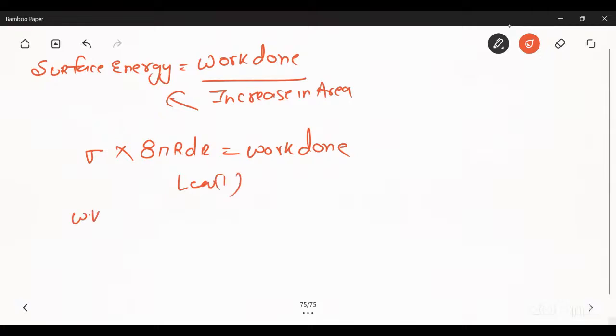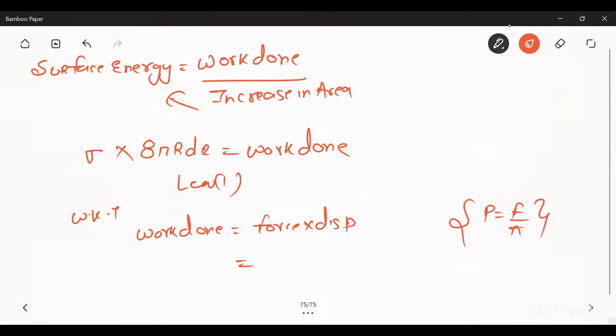We know that work done is equal to force into displacement, and force is pressure into area, since pressure is force upon area.